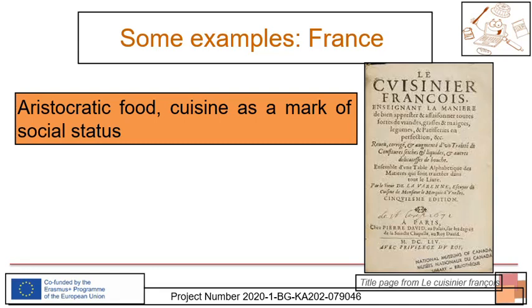La Varenne's book Le Cuisinier François from 1651 was translated into English in 1653. Interestingly, in the preceding centuries, aristocrats would not be caught dead eating truffles, which are decadent and expensive today. Since they came from the ground, they had been considered to be peasant food.